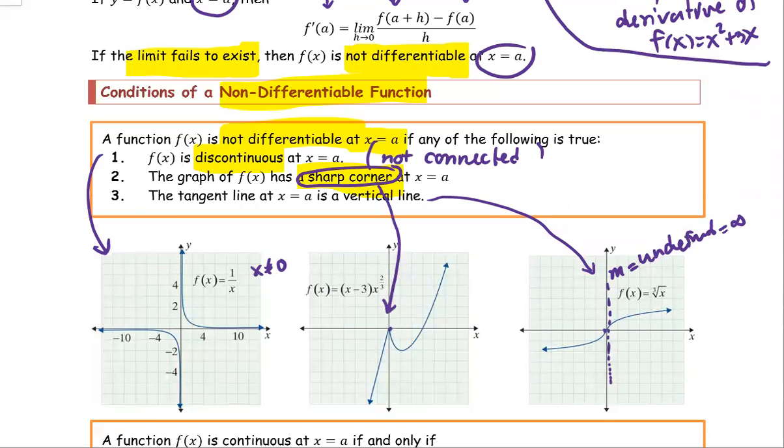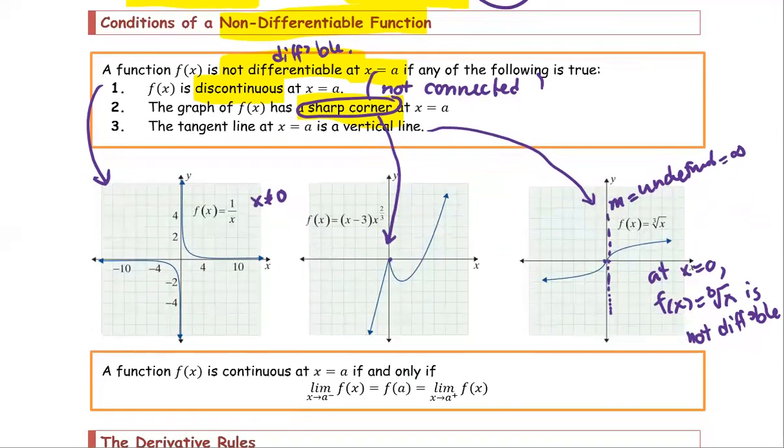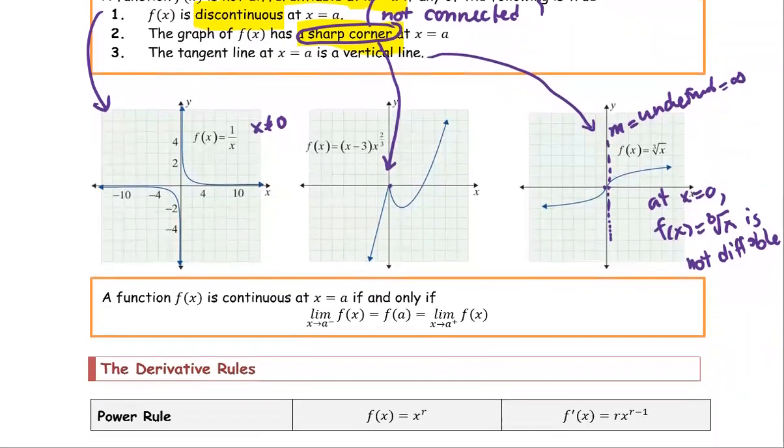So in this case, at x equals 0, f of x equals the cube root of x is not differentiable. Diff'ble is the short term for differentiable. So those are 3 different cases you can use to determine whether the function is differentiable or not differentiable.